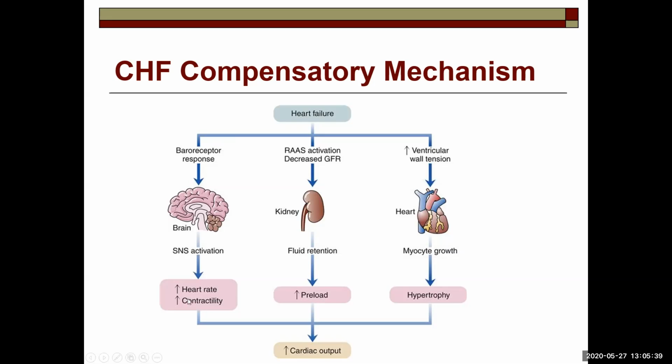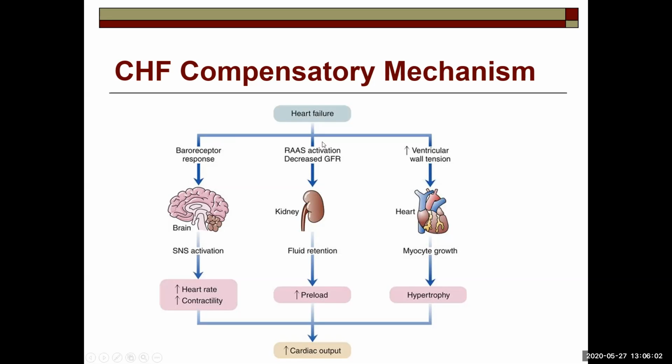That's how it compensates itself. So if you have a patient you suspect has heart failure, they can have tachycardia, in order to increase the contractility and pump enough blood out. So that would be compensated with tachycardia.